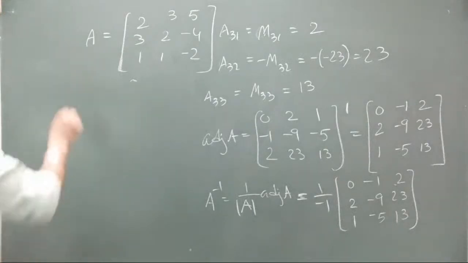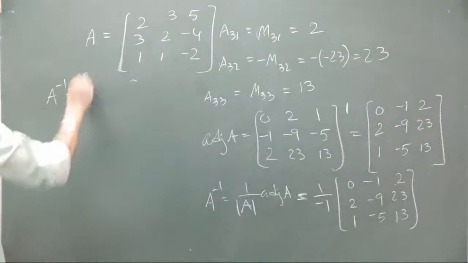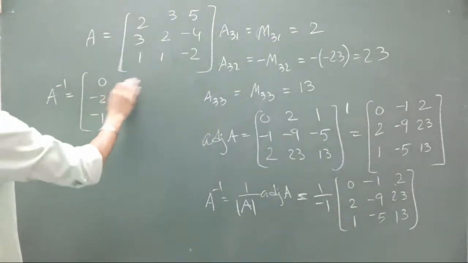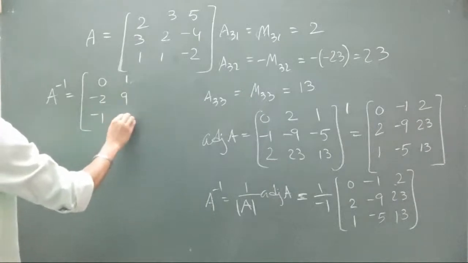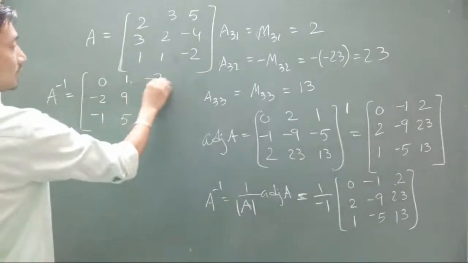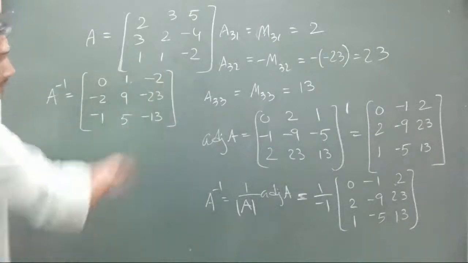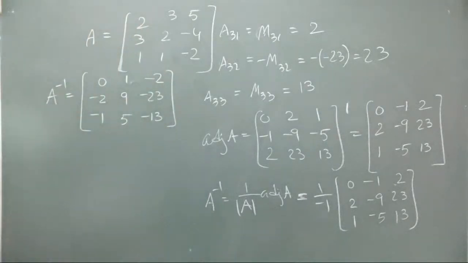So the inverse of the given matrix, if you multiply by minus 1, is 0, minus 2, minus 1, 1, 9, 5, minus 2, minus 23, minus 13. Please write it down so that I can rub off all the other stuff which is not needed, just to avoid confusion.